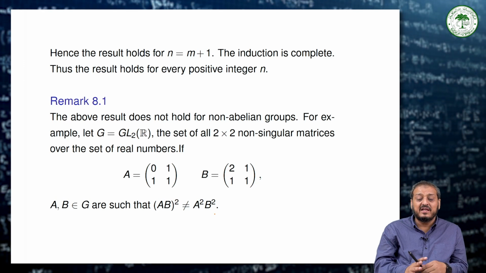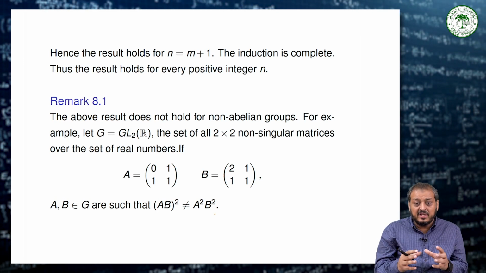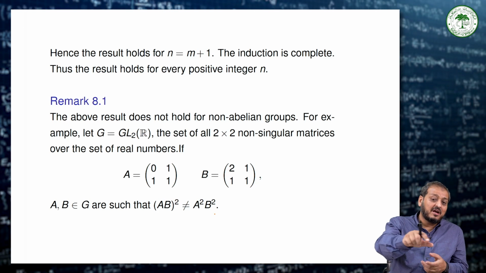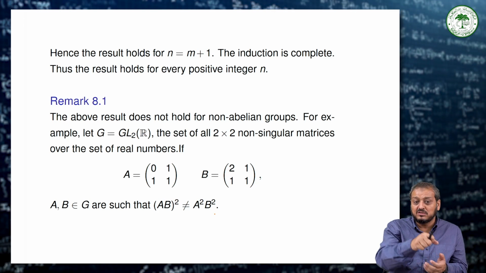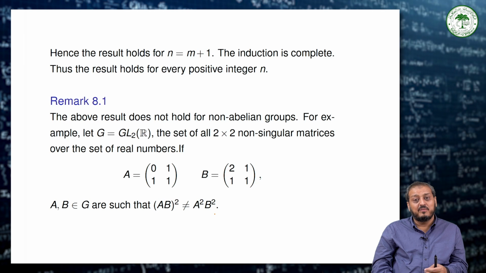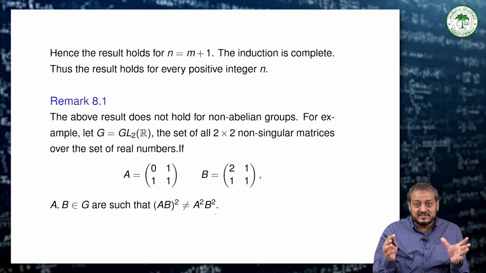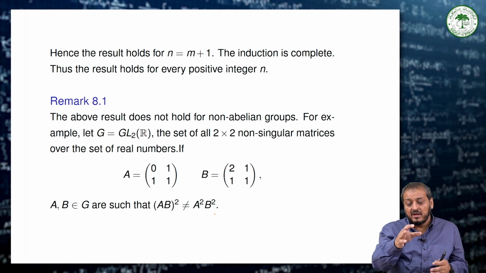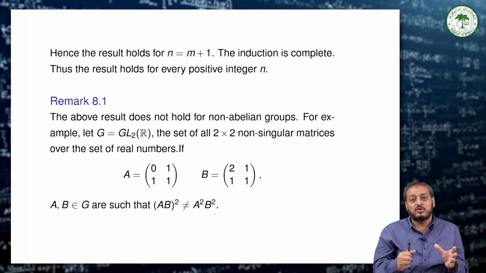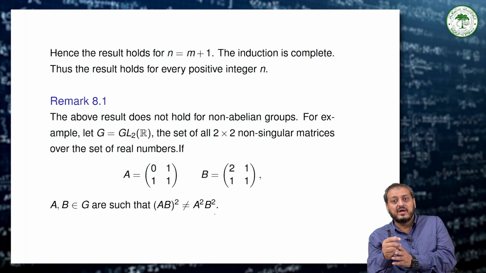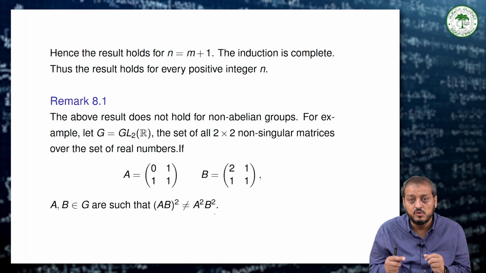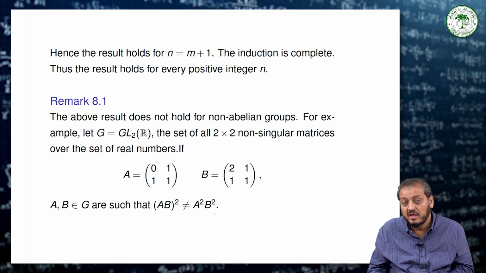So clearly, for these elements A and B, this condition is not satisfied because this group is non-abelian. So the result (AB)^n = A^n B^n is true only when G is an abelian group.